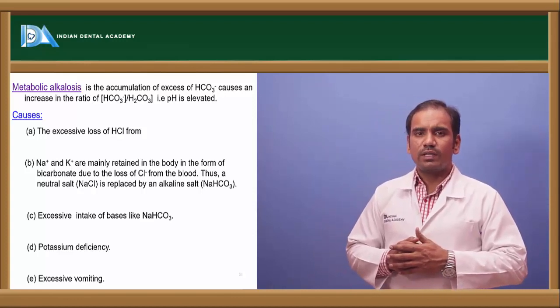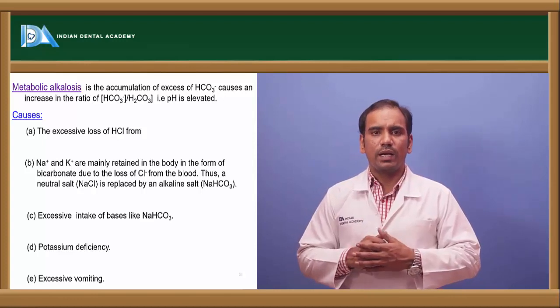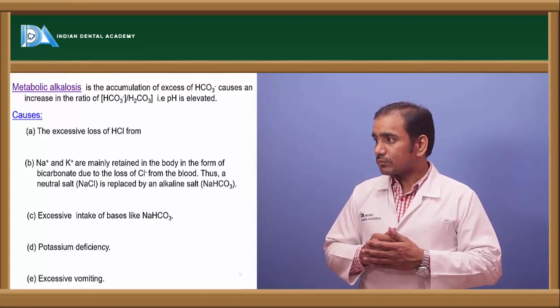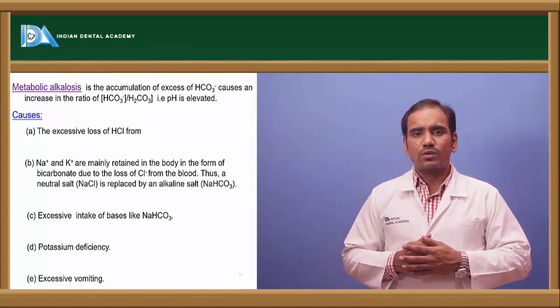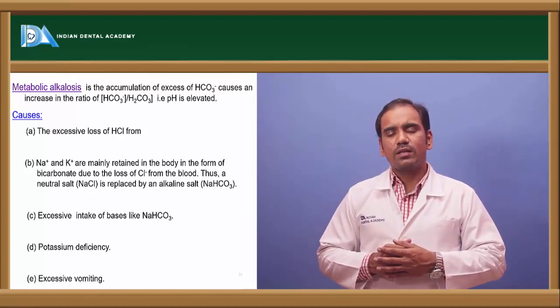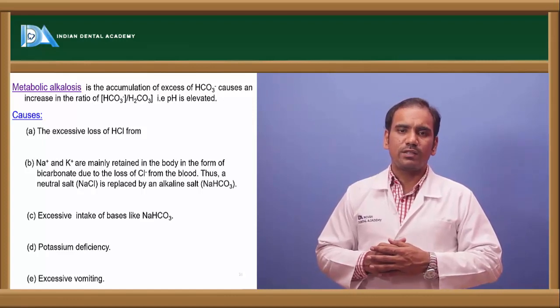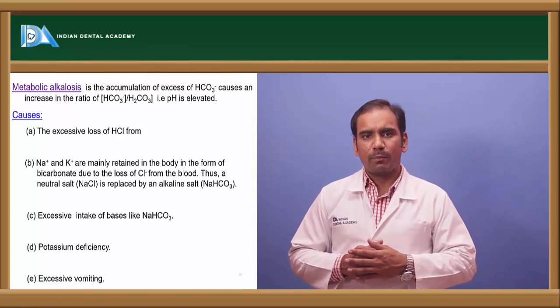Whenever there is excess loss of HCl, there is loss of chloride ions. So in order to maintain the charge, sodium and potassium are retained in the body. When sodium and potassium are retained, they form a salt called sodium bicarbonate. Instead of sodium chloride, there is excess formation of sodium bicarbonate.